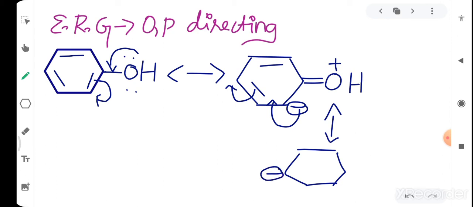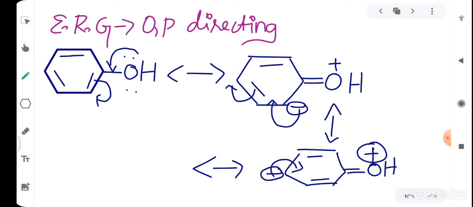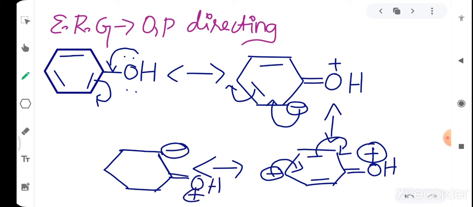So a negative charge here, a bond again, double bond OH plus. Now if again this bond moves inside, the bond will move over this carbon atom, which again results in another resonance hybrid: negative charge, double bond OH plus, bond and bond here.